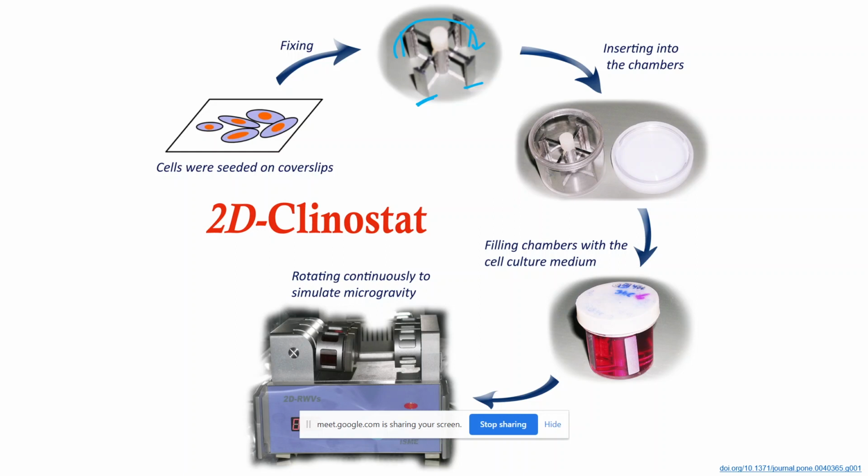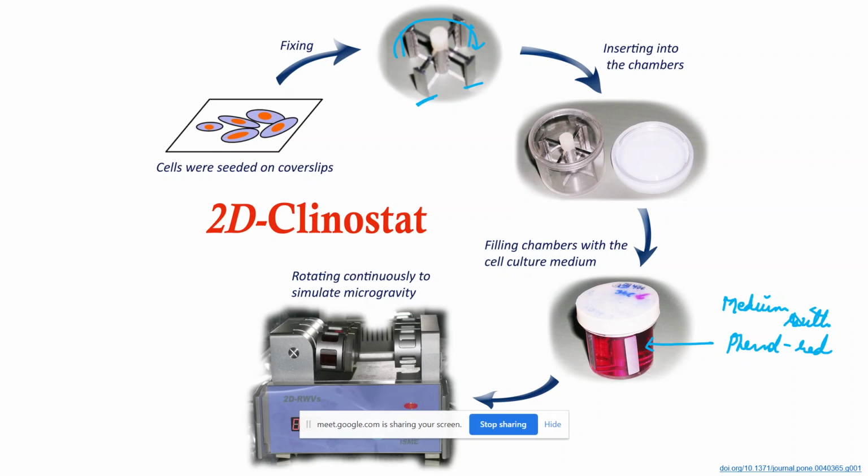And once you have inserted the cover slip in the chamber, here you can add your medium. As you can see, this is your medium with phenol red. So this is a very small 2D clinostat.